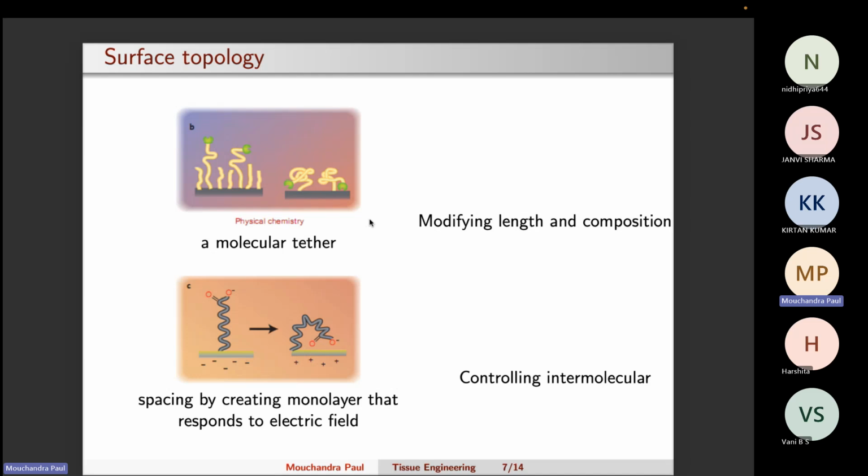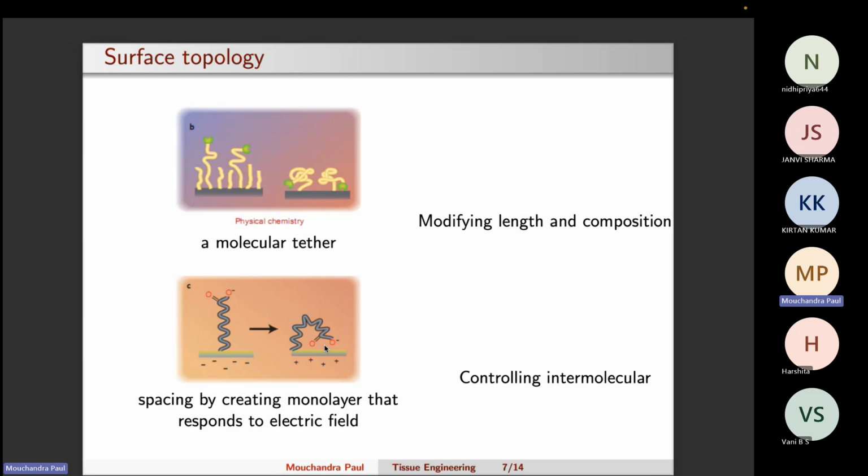The third way is you can add such groups onto the surface of the polymer or any biomaterial whose characteristics change in presence of some stimulus, like for example electric field. So in this particular figure, they have added one functional group, and towards the end it has some electronegative group, and in presence of electric field, this electronegative group basically changes its morphology.